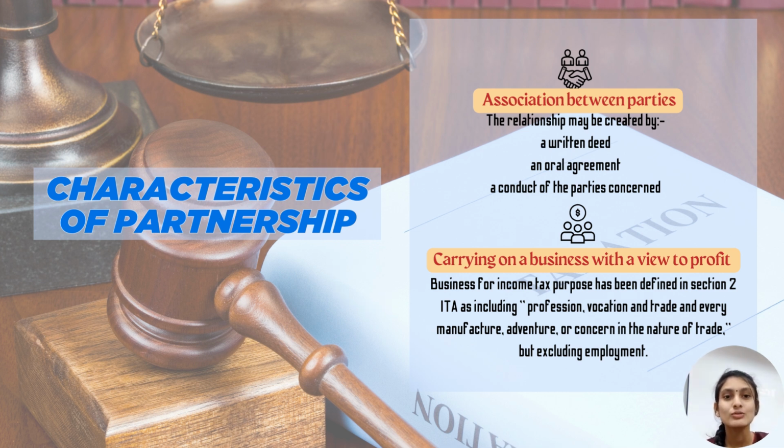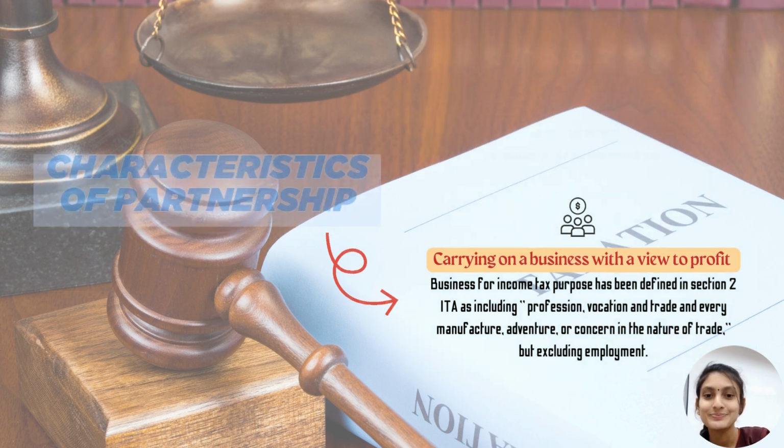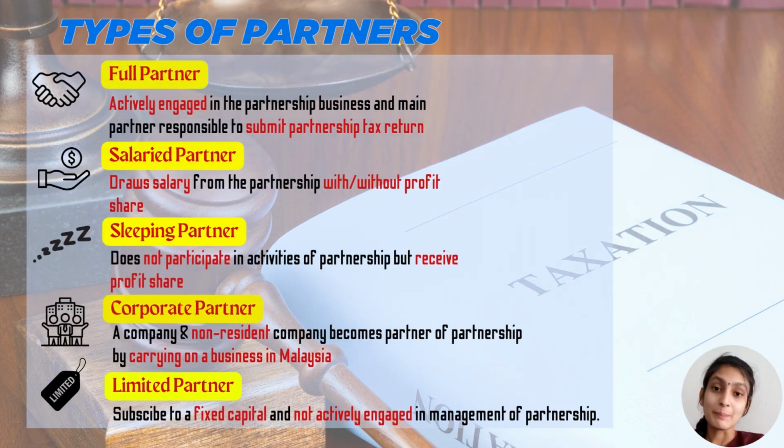So basically, carrying on a business with a view to profit refers to section 2, and it includes all the businesses like profession, vocation, trade, and every manufacture, adventure, or concern in the nature of trade. The thing is, it just excludes employment. That's all. So we have completed the partnership definition and the characteristics.